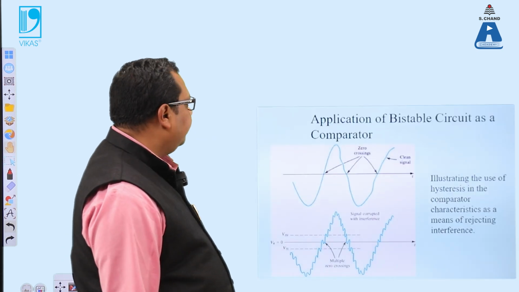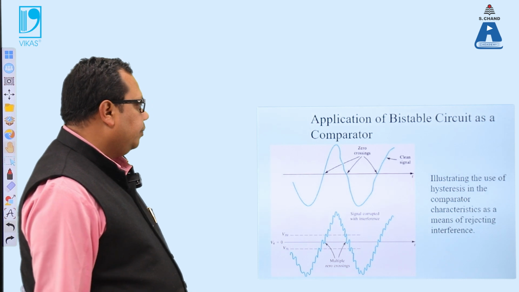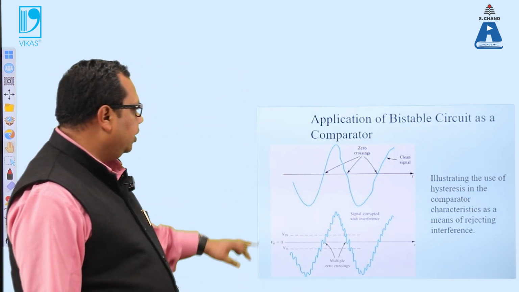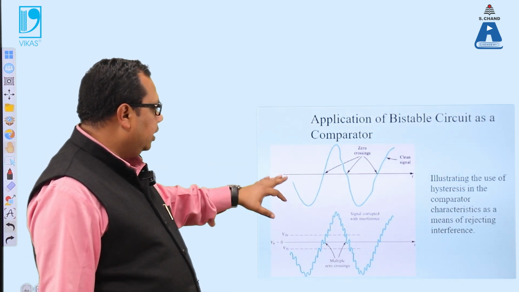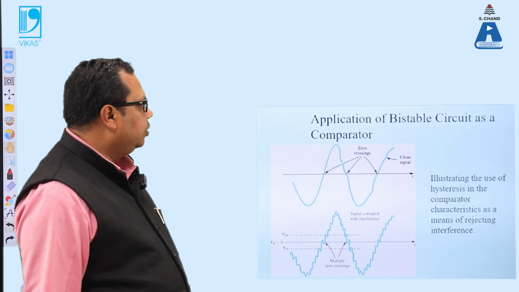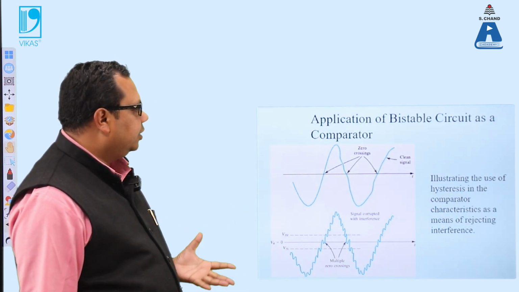Now, in this video, we'll learn more about the bistable circuit as a comparator. As we can see from the hysteresis comparator characteristics, it rejects interference in the signal, and by using this we'll calculate the hysteresis characteristics.